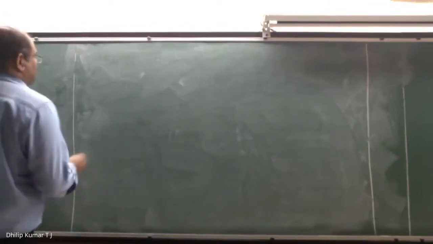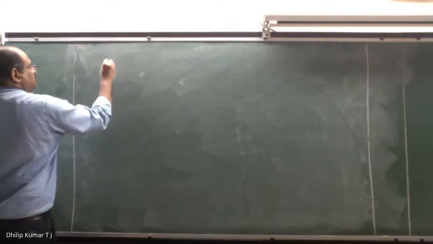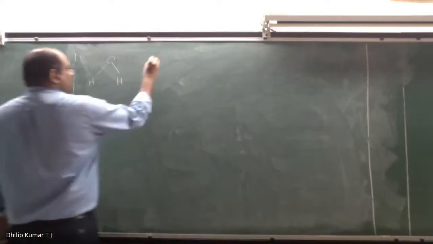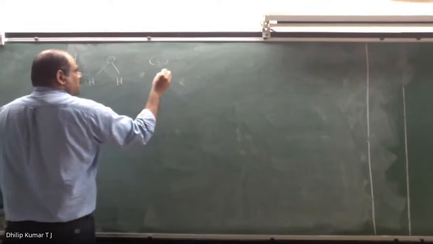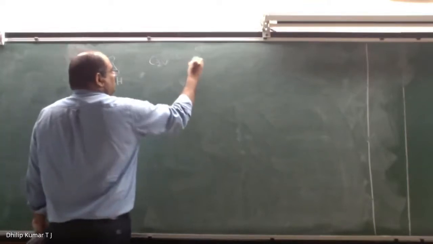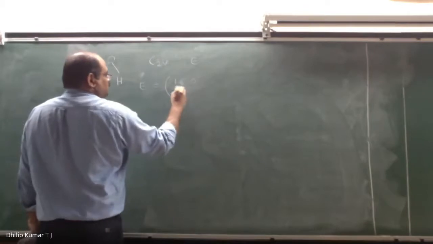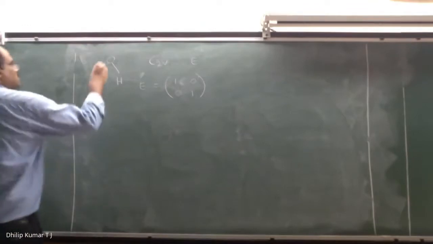Simply a 2 by 2 matrix is sufficient. Let's consider the water molecule. This is well known as C2v, right? The point group is C2v. We already wrote E, so it can be 1 0 0 1. The molecule is just in a plane, so you don't need to consider the third axis. Simply 2 axes is sufficient.